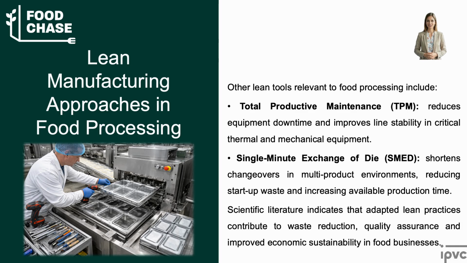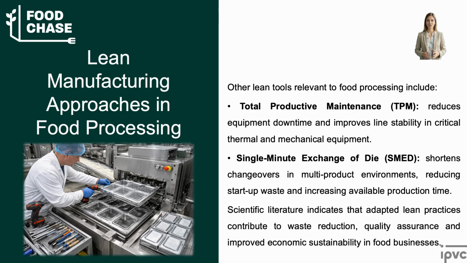Two additional lean tools are particularly relevant in food processing. Total Productive Maintenance, or TPM, focuses on minimizing equipment downtime and improving line stability in critical thermal and mechanical equipment such as ovens, cookers, fillers, and refrigeration units. The second tool is SMED, or Single Minute Exchange of Die, which shortens changeover times in multi-product environments.